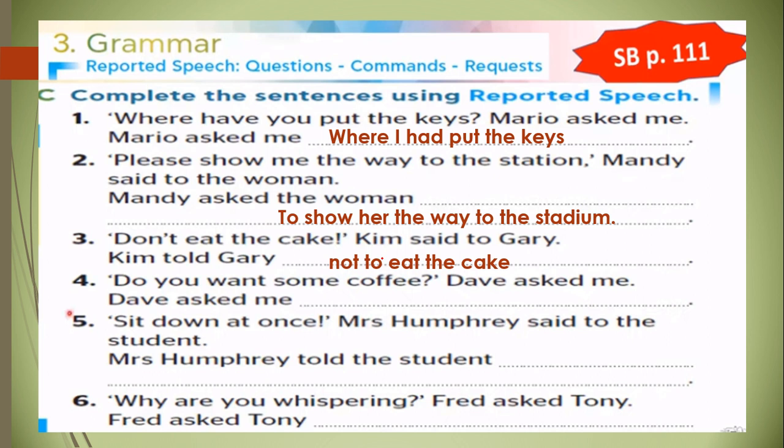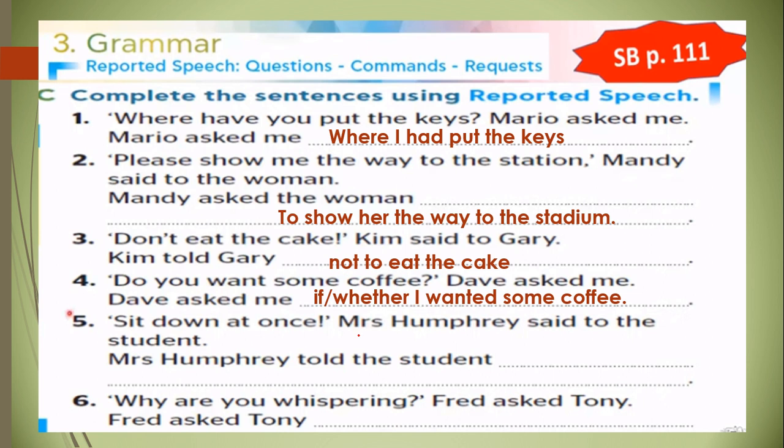Don't here changes to not to. Do you want some coffee? David asked me. This is a yes or no question, so I begin the sentence with if or whether. If or whether I wanted some coffee, with the subject coming directly after.